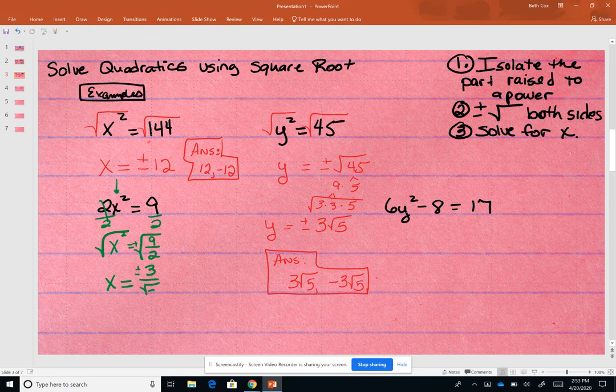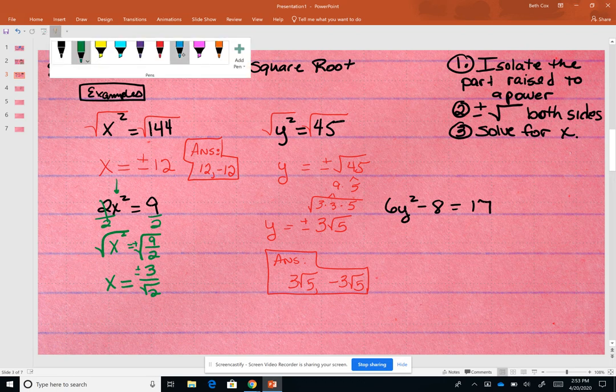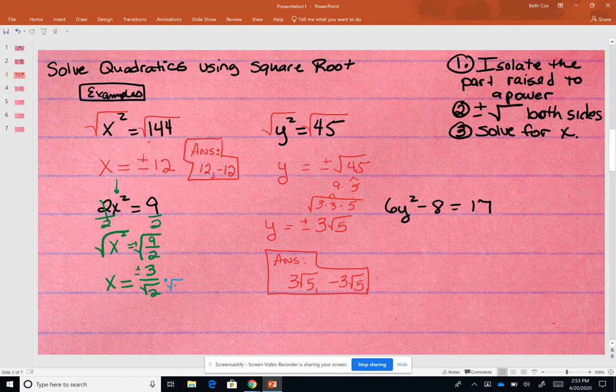And the square root of 2. I can't simplify the square root of 2, and I can't leave the square root of 2 in the denominator. I have to do something else. I have to rationalize, so I'm going to multiply top and bottom by the square root of 2. That's going to give me 3 square roots of 2 over 2 and negative 3 square roots of 2 over 2. And that pen does not look well.